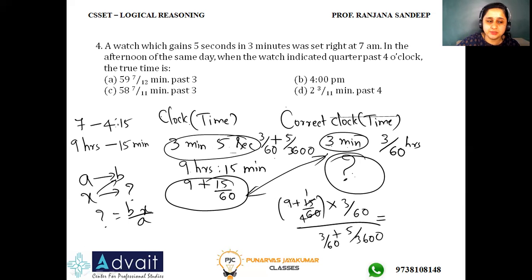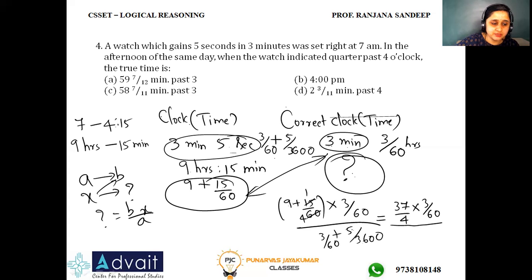What is 9 plus 1 by 4? 9 plus 1 by 4 is 9 fours are 36, 36 plus 1, that is 37 by 4. Please check once. You know how to add fractions. So 9 plus 1 by 4 gives 37 by 4 into 3 by 60 whole divided by 3 by 60 plus 5 by 3600.